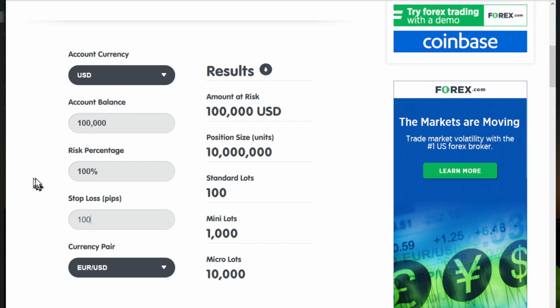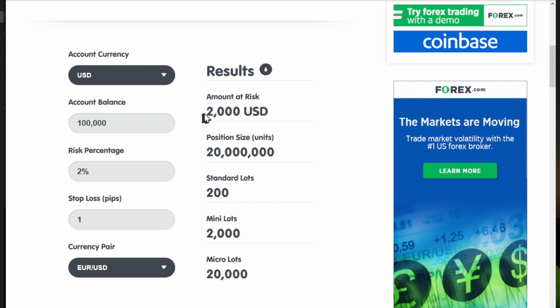So what's the problem? Well, the problem really is that we are risking 100% of our account, which we don't want to do. So actually what they tell you is you want to risk between 1 and 2%. So let's do 2%. Let's go back to 1 pip for now. Let's calculate.